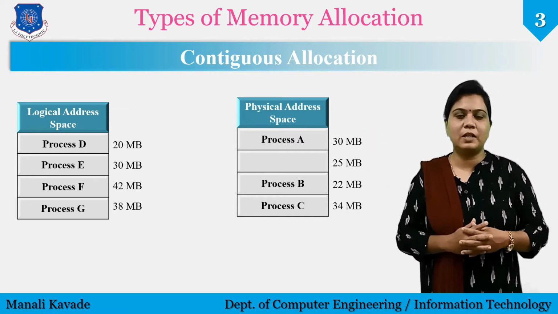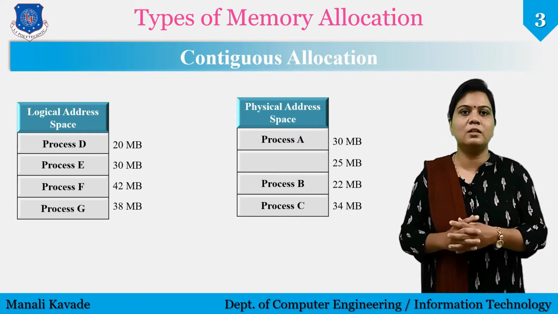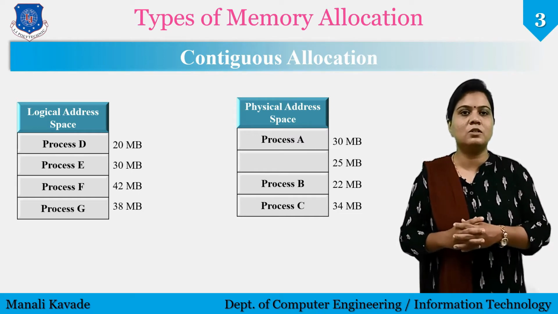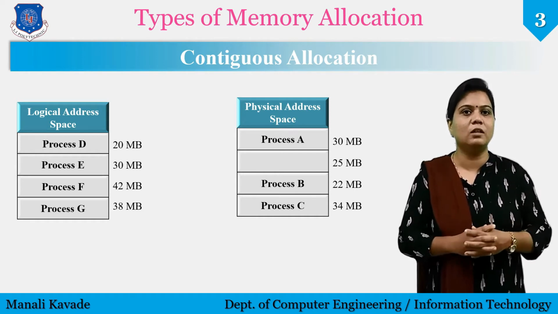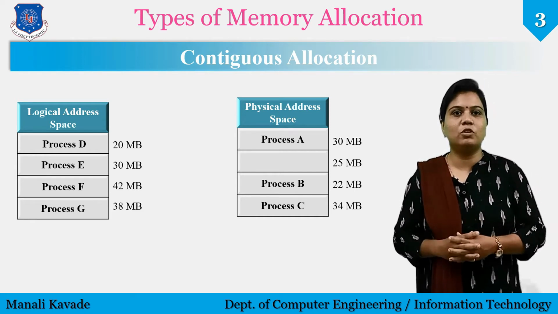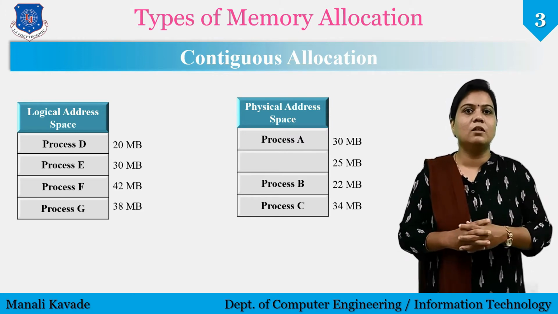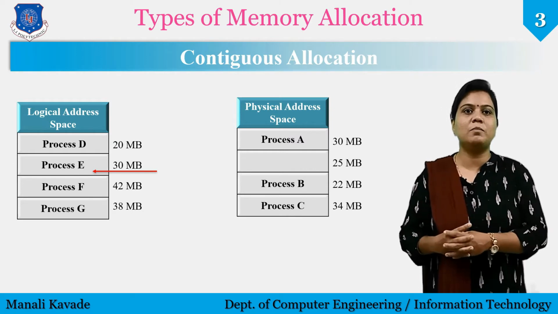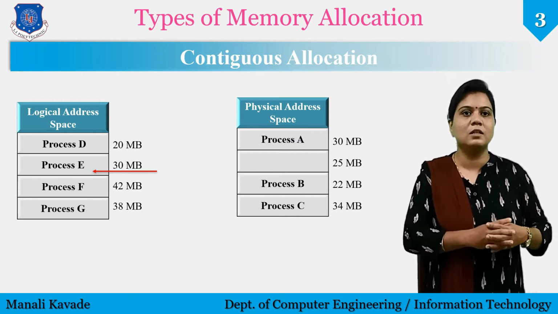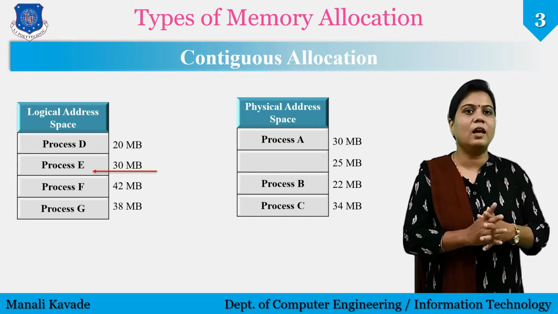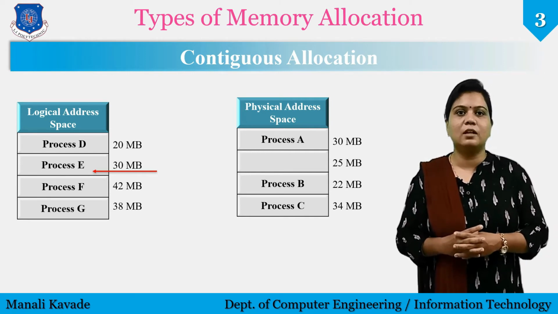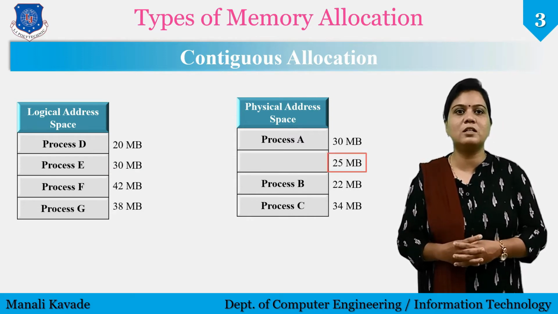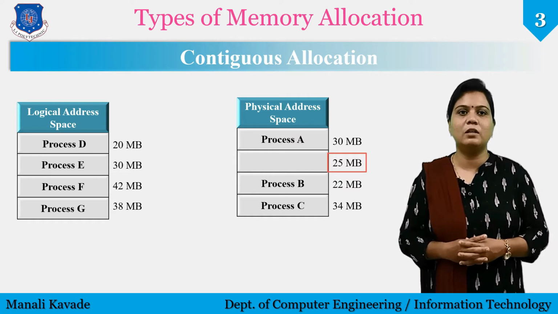In physical address space, partition number 1 is occupied by process A. Partition number 3 is occupied by process B. Partition number 4 is occupied by process C, whereas process D and process E, which are present in logical address space, need 20 MB and 30 MB of space in main memory. But here available size on physical address space is 25 MB.